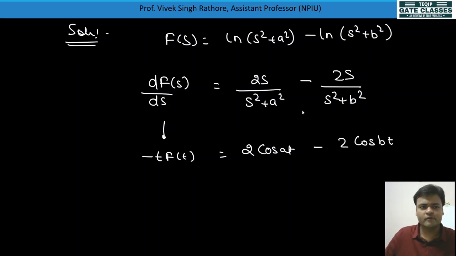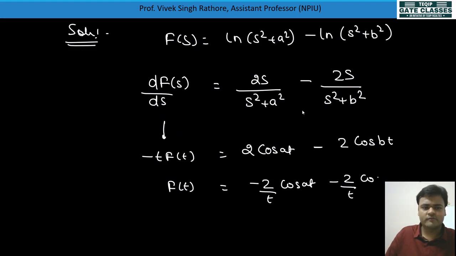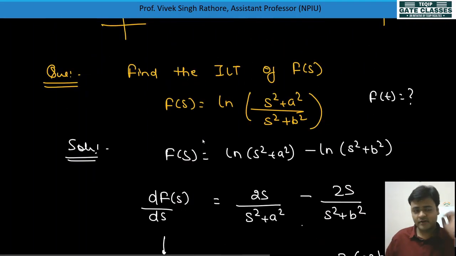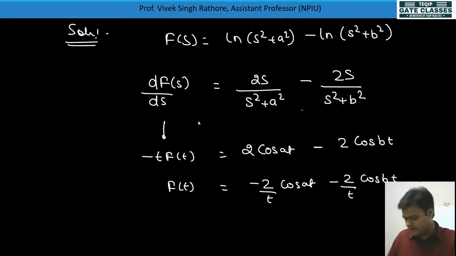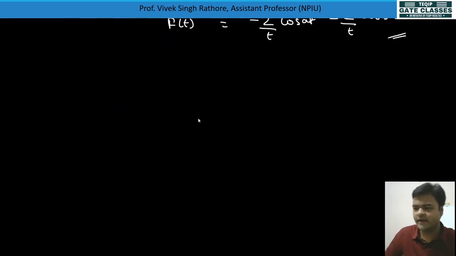So f of t can be written as minus 2 by t cos of at minus 2 by t cos of bt. The solution is simple, but by seeing this type of expression you should not get fear. The expression is very simple, the solution is very simple if you try it.